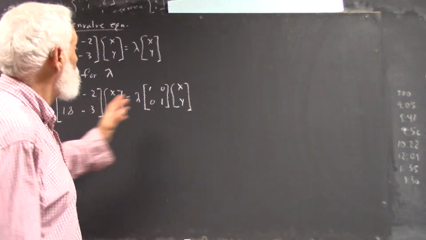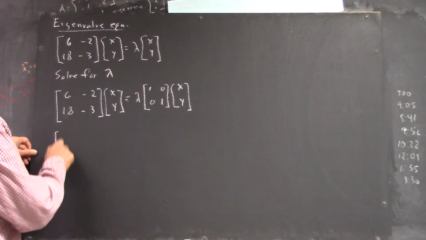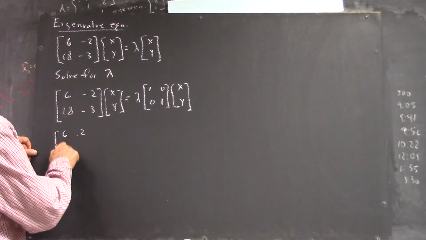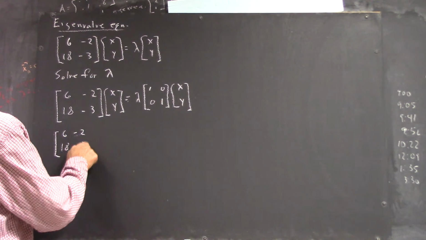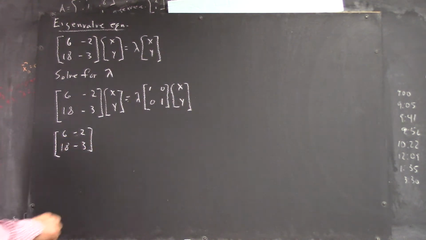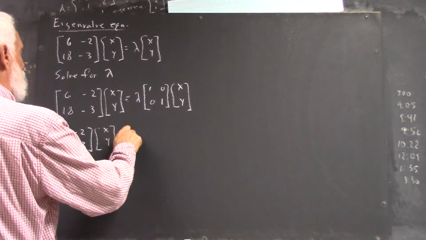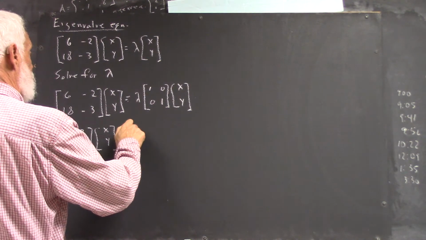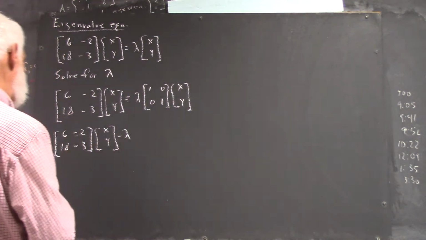And the advantage to writing it like this is now I can write -2, not 0.2. Boy, that's going to lead me astray. Okay? This times the vector xy minus lambda times the identity.